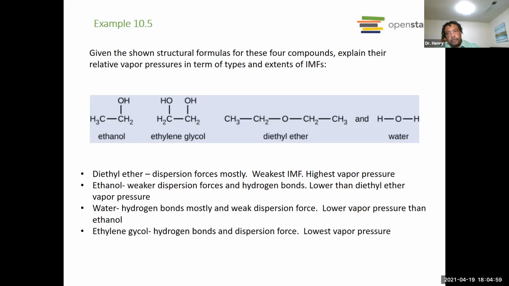Because those forces are kind of an additive type of situation, the more forces that you have, especially if they're strong forces, the stronger it's going to be.